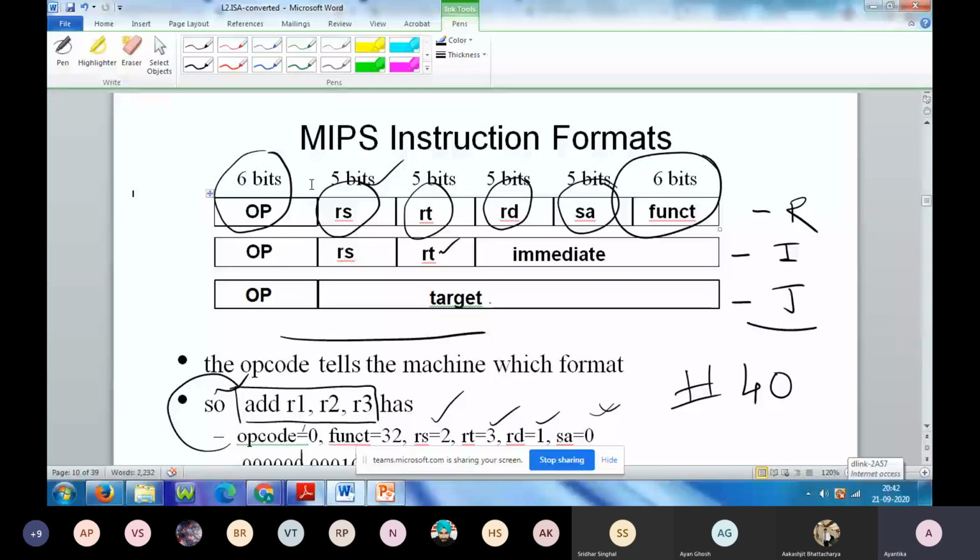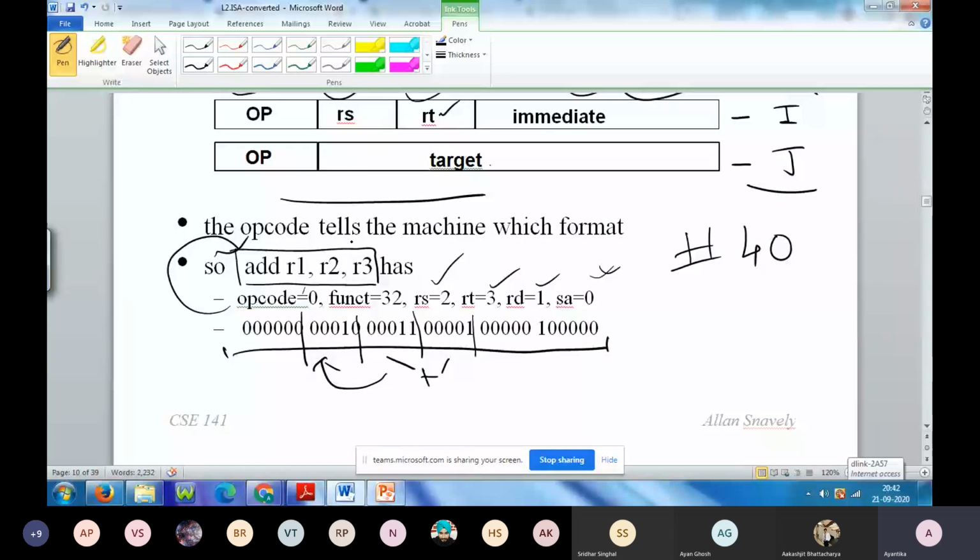Now, 6 bits means you can support a maximum of 2 to the power 6 operations. Among them, which one to choose is specified by these 6 bits. That's why when your hardware gets these initial 6 bits, it gets the idea: oh, all 0.